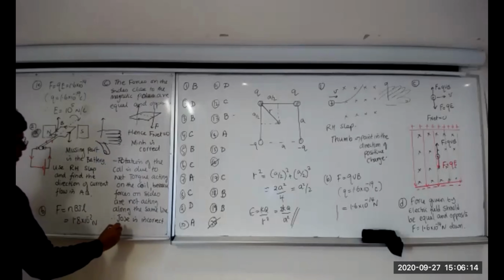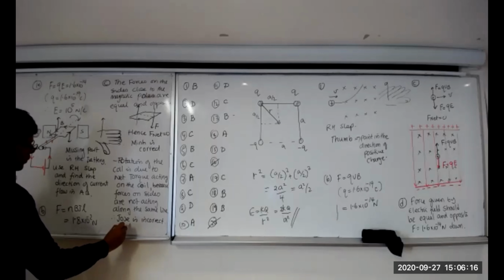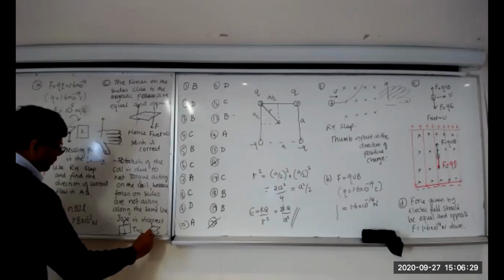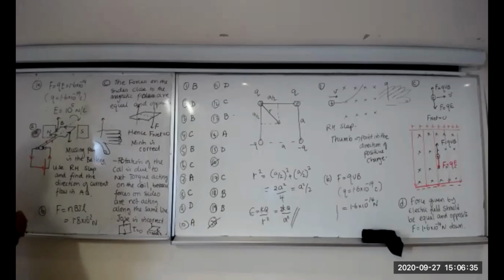If they're acting on the same line, then the torque will be zero. Say for example, in this scenario, the torque will be zero. Here, torque is maximum. If it is horizontal, torque is maximum. If it is vertical, torque is zero.